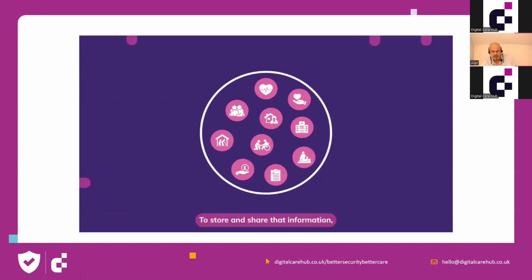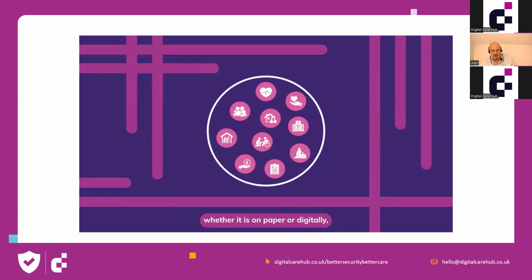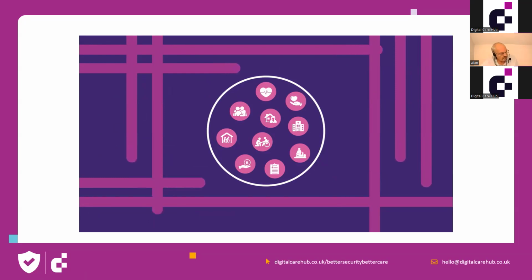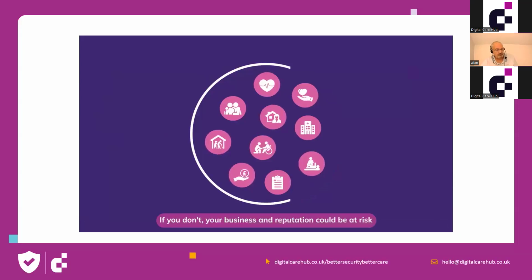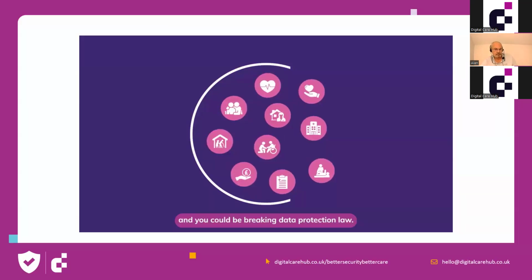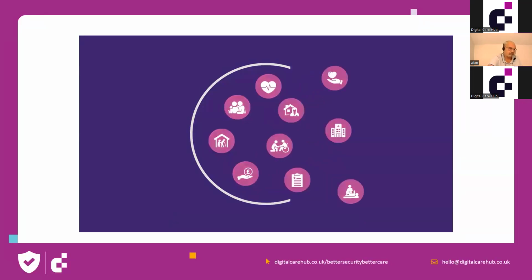To store and share that information, whether it is on paper or digitally, all care providers must have systems in place that reduce the risk of cyber attacks and information breaches. If you don't, your business and reputation could be at risk, and you could be breaking data protection law.